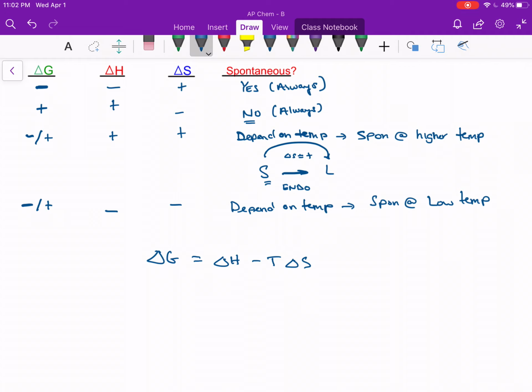Okay, so notice that delta H is not really affected by temperature because the bonds that are broken and formed are not affected by temperature. All right, so the type of bonds that we have. However, we can see that entropy is definitely affected by temperature, and we know that that's the whole point of entropy, right?